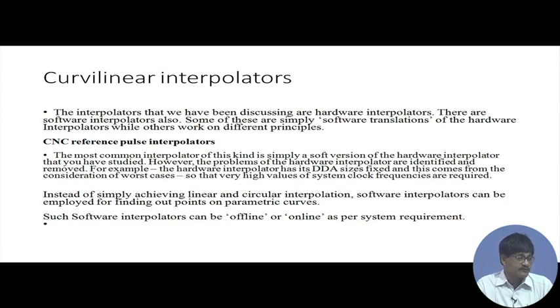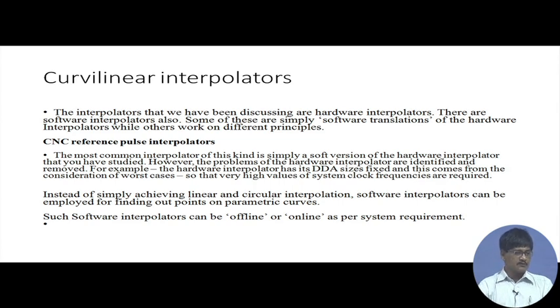So, in that case, there are certain developments in case of software. In case of software, the advantage is that while the hardware interpolator always has the counter size, etc., fixed, in software interpolators such restrictions are not there. Like in the hardware interpolator, you always have to have the size of the interpolator be 2 to the power n minus 1. Such restrictions are not there in case of software interpolators.